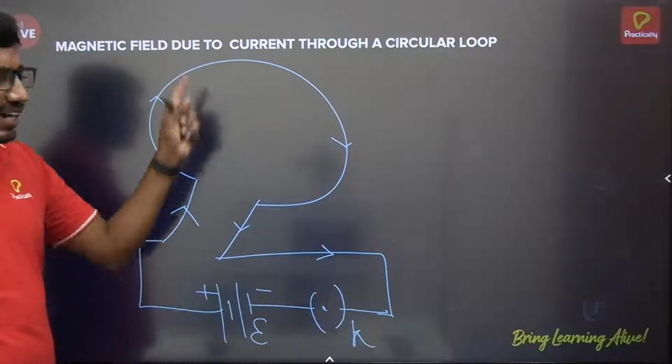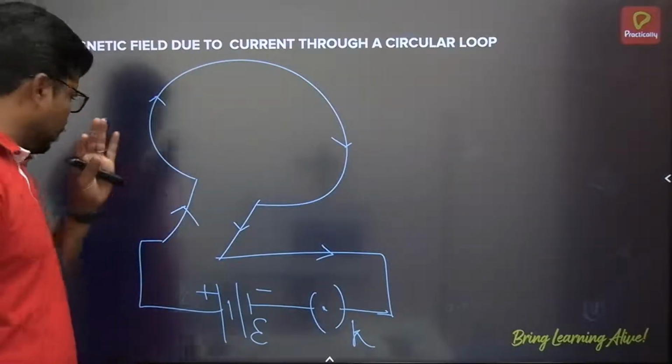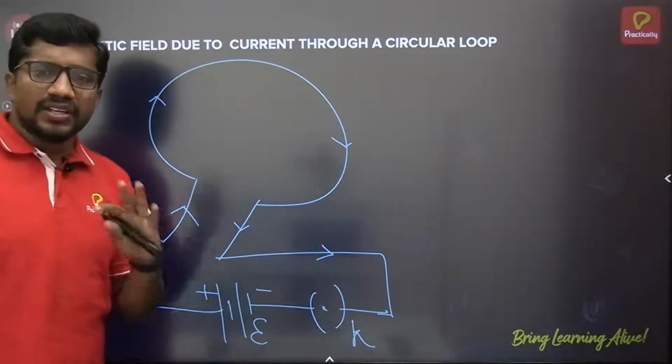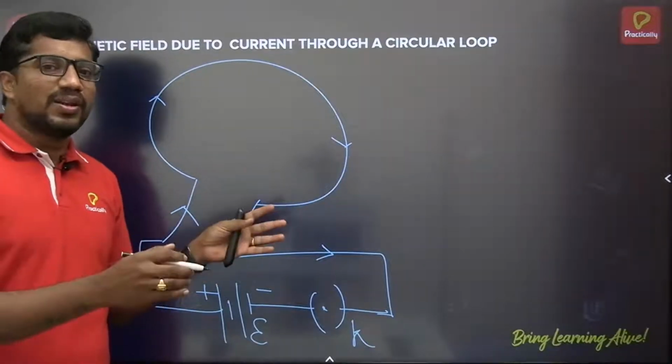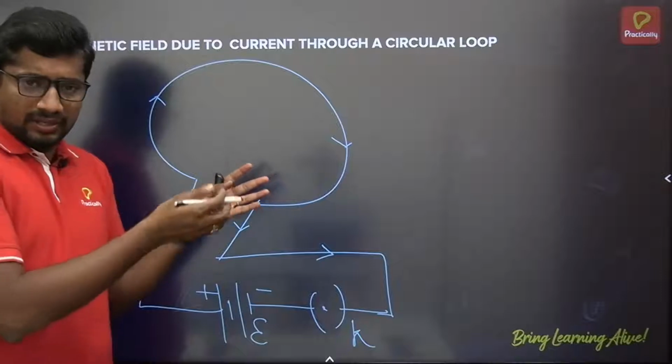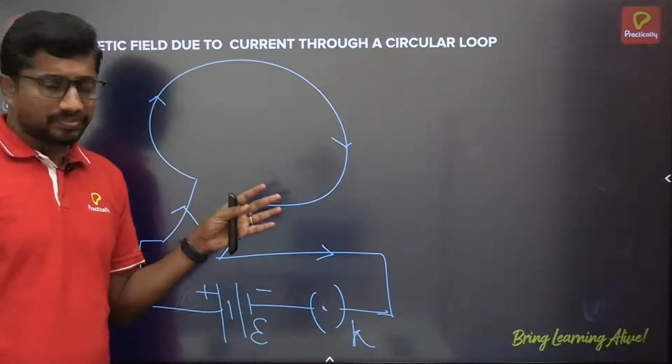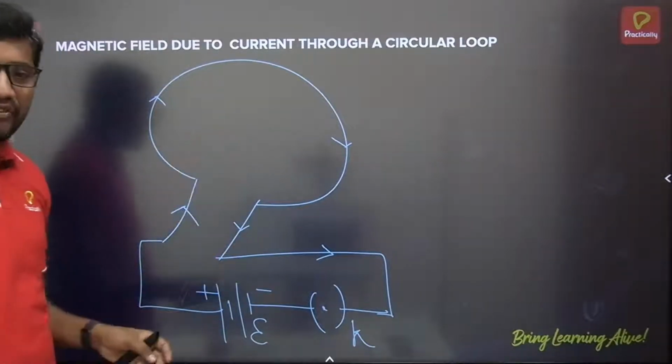So if it is straight conductor, we have seen how magnetic field will be for a straight current carrying conductor. Now if it is circular loop, how it will be?